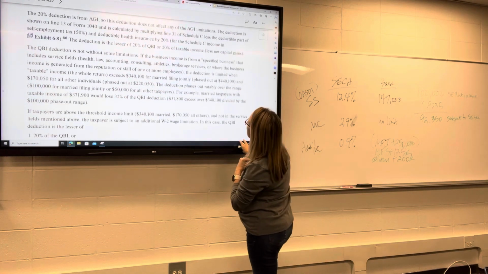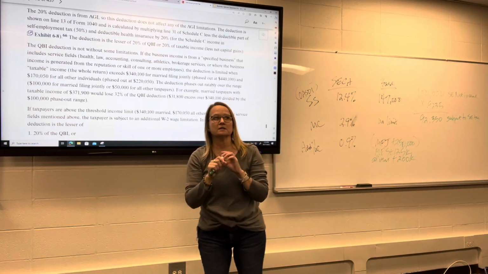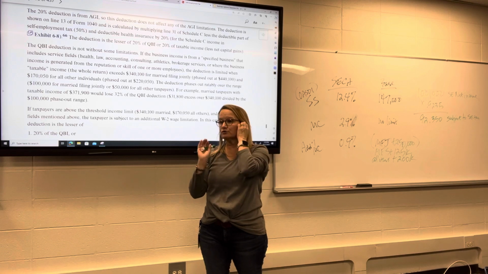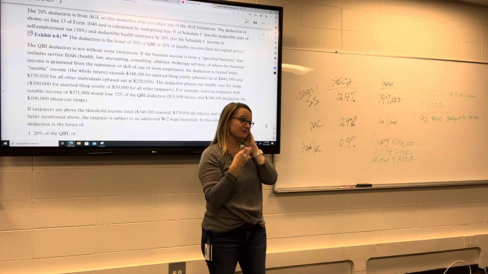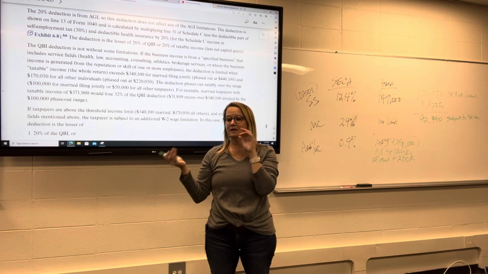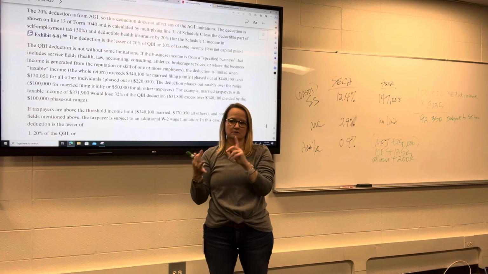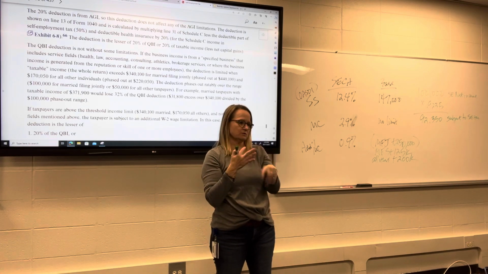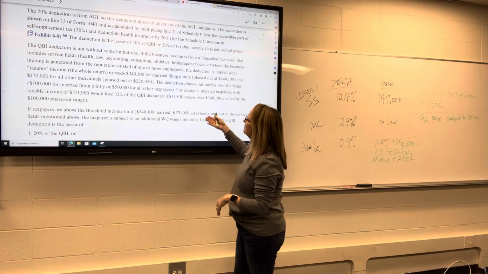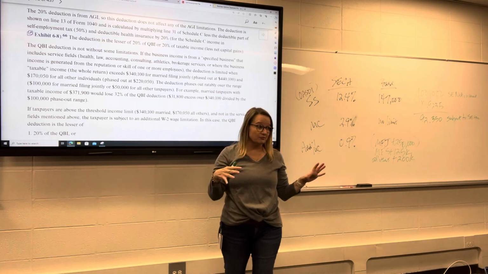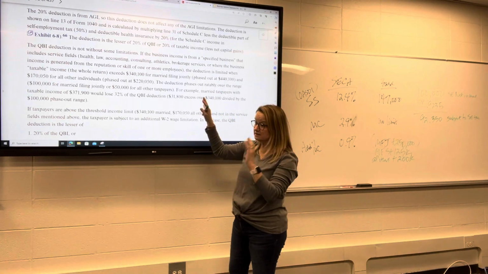One of the things about the QBI is there are certain professions that are exempted from it if they earn more than a certain amount of money. Professionals: accountants, architects, doctors, lawyers. And again, this only applies to self-employment income, so if they're employees, it doesn't apply to them.